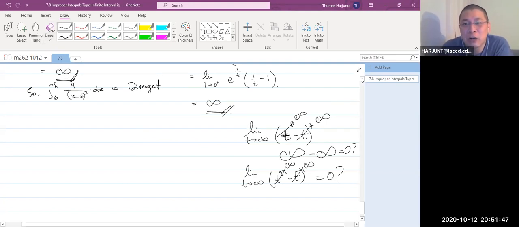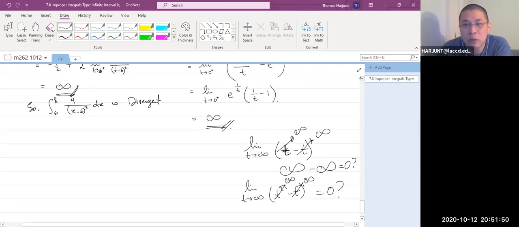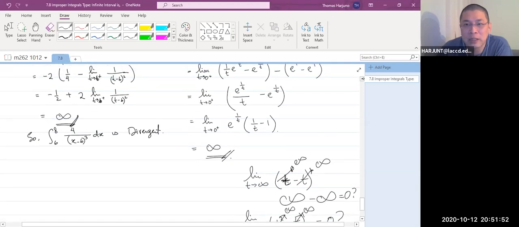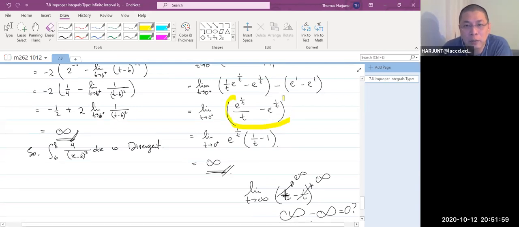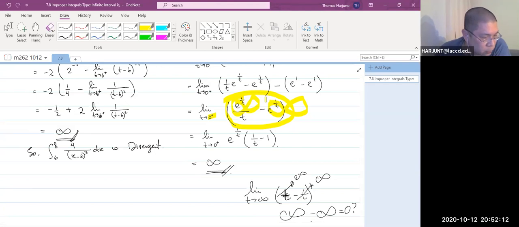Okay, so in other words, good thing that you asked me that question. Why can't we automatically say that from here? Because when you plug in t equals 0 positive, you'll get infinity minus infinity, and we know that's undetermined from 6.8 when we did L'Hopital's rule.